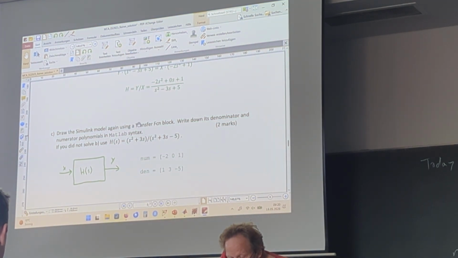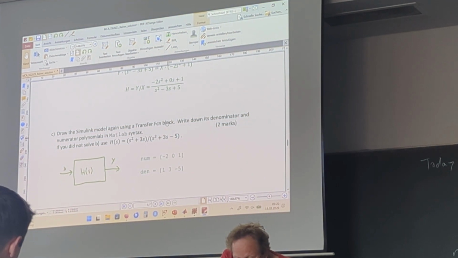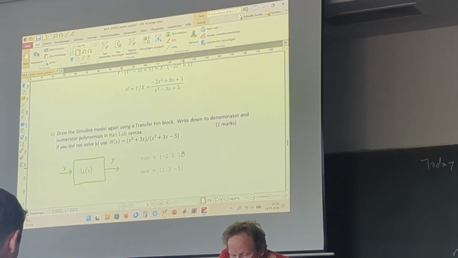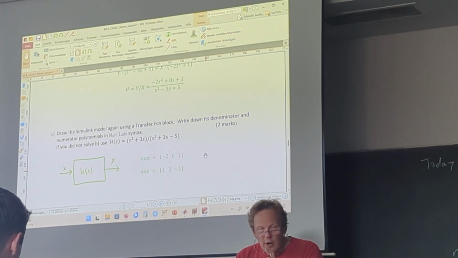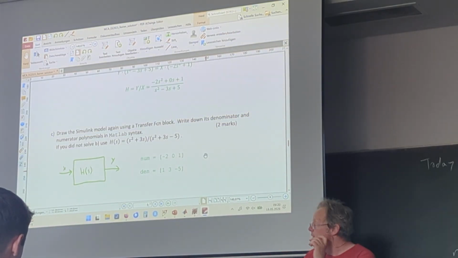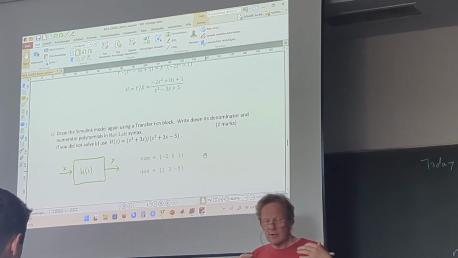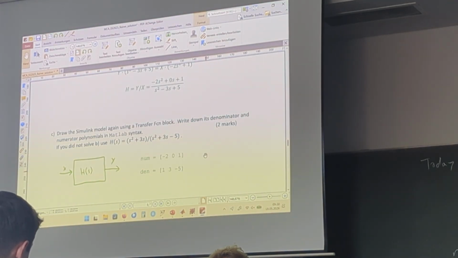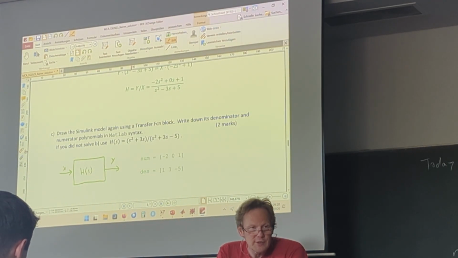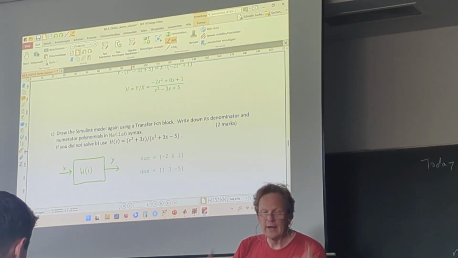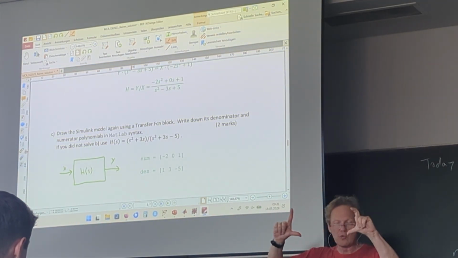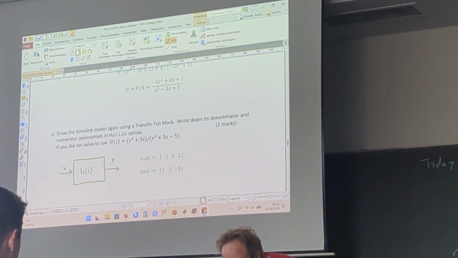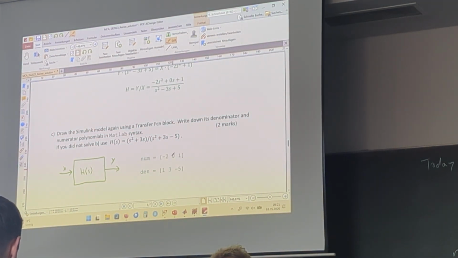There is, for example, the so-called transfer function block, and in this block you can then define the polynomials, and you should just know how to do this. So how to tell Simulink what is the numerator polynomial, and okay, so you just write the coefficients of this polynomial in a vector. So what's important? The square brackets and these coefficients.